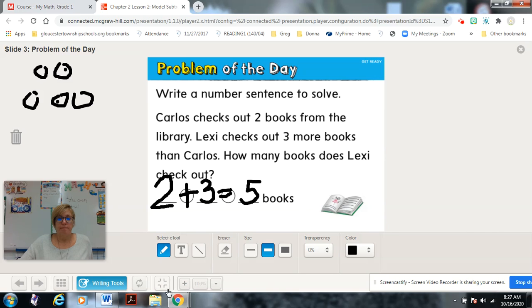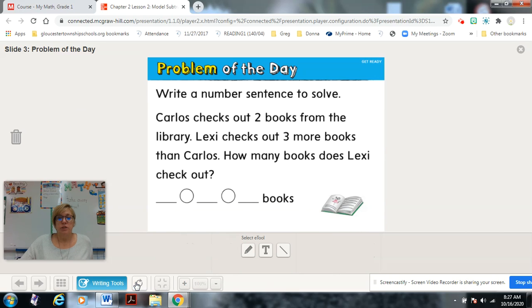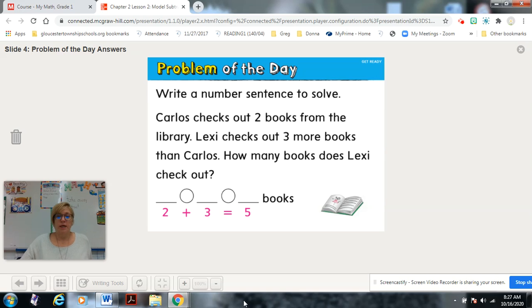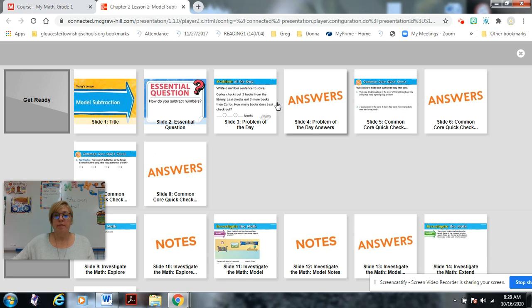All right? And let's check the answer. 2 plus 3 equals 5. Now keep in mind that with addition, we have some clue words, okay? And it says that she checks out 3 more. So right there, we know she has more than Carlos, and the sum is 5. All right, good job on that.